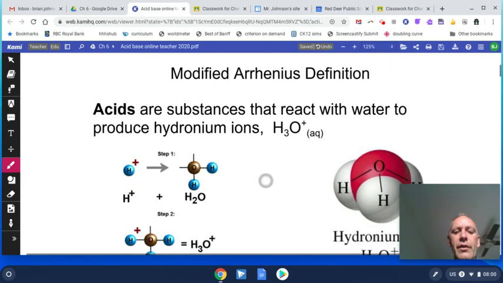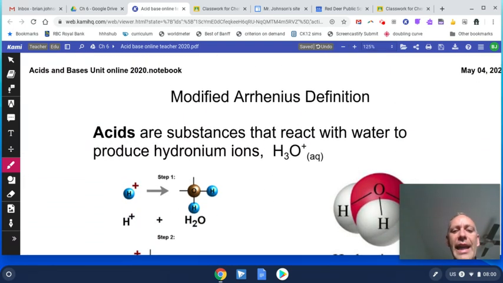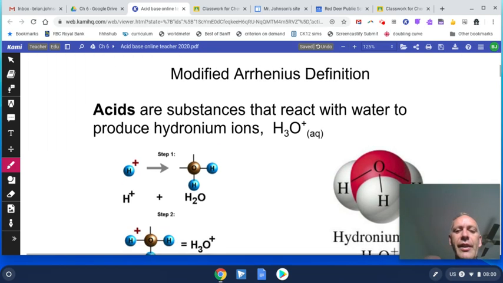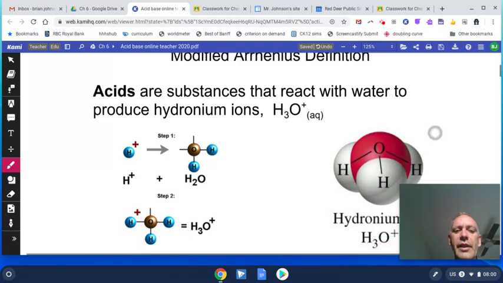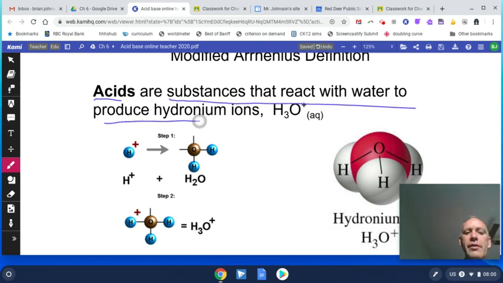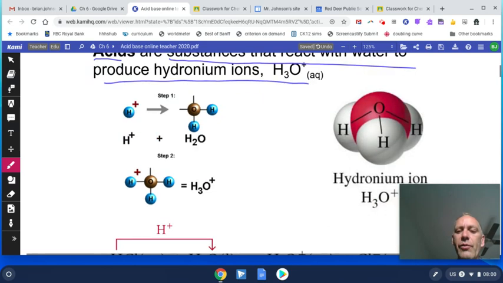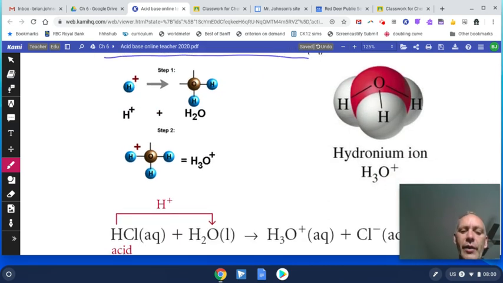So you guys are going to learn the modified Arrhenius definition. Arrhenius is the last name of Svante Arrhenius, who was a Swedish chemist who came up with the idea that acids are defined as any substance that can react with water to produce hydronium ions. Hydronium is H3O+. So hydronium is like a water molecule that has gained an H+.